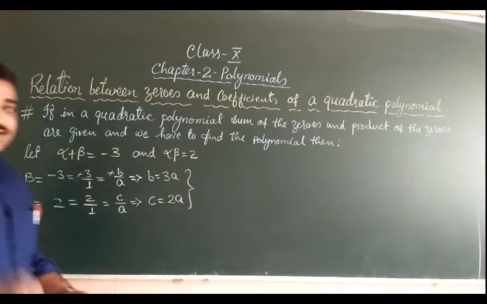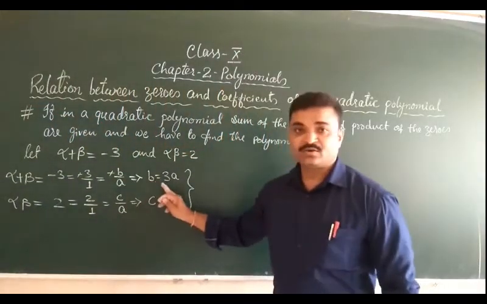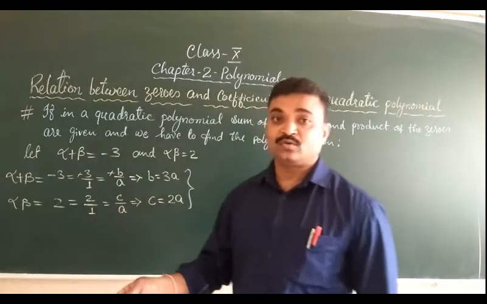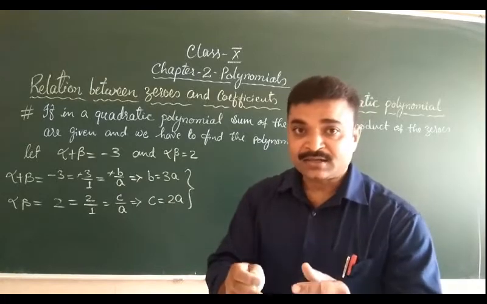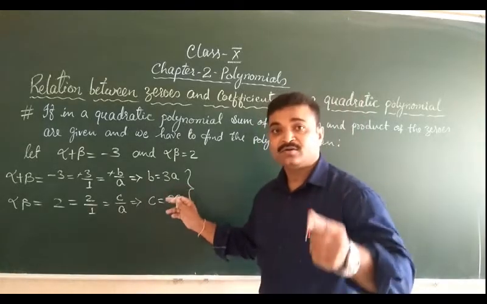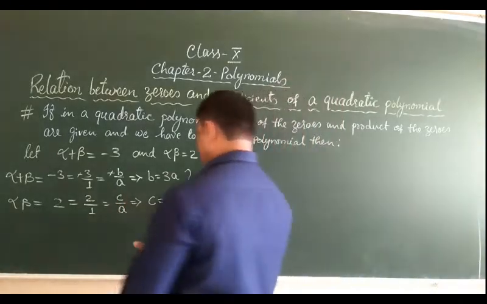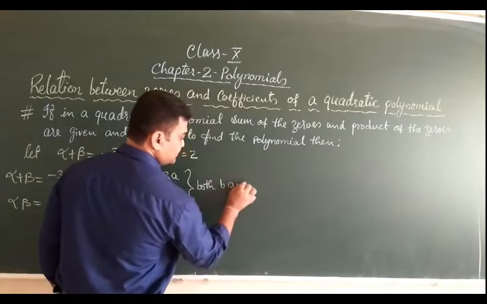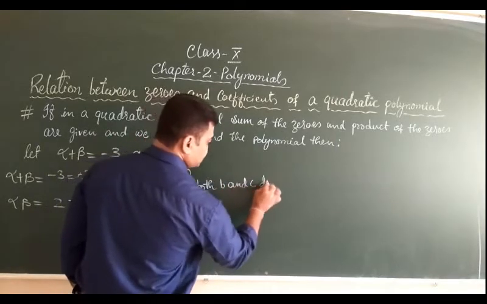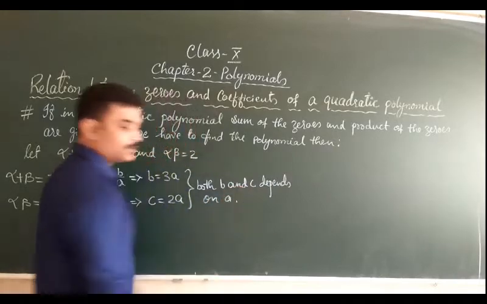Students, you can notice one thing. Here b is equal to 3a and c is equal to 2a. That means both b and c depend on the value of a. Clear?